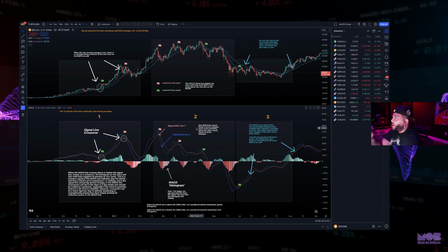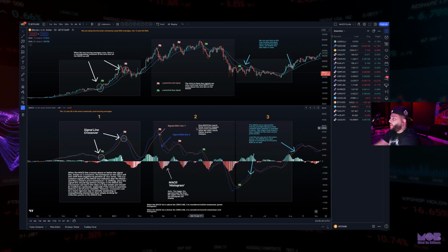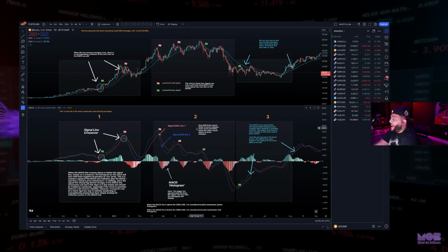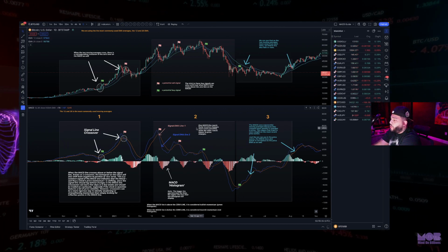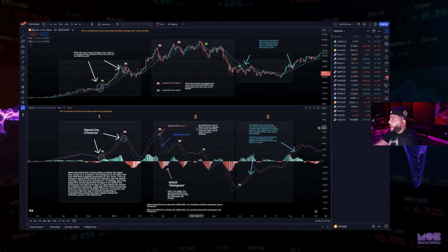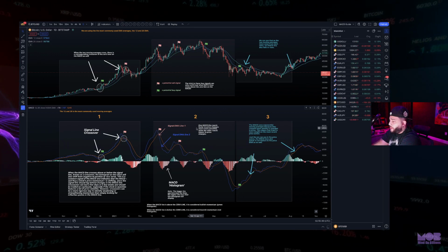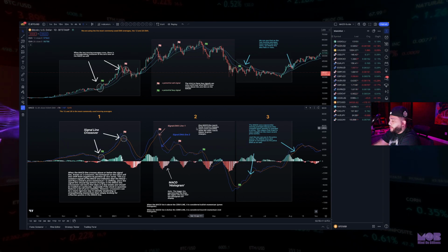When your candles on the main indicator are going up, but for some reason the MACD is showing you prices moving down, you're going to want to mark that up, okay? Or vice versa.